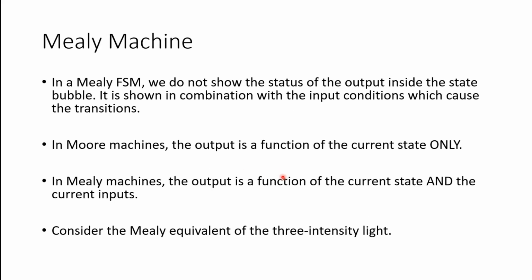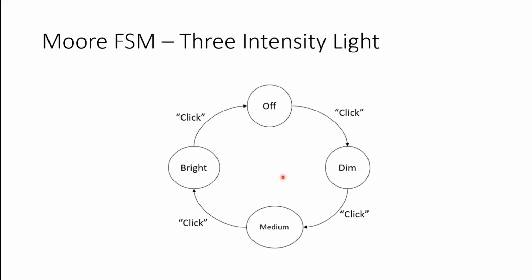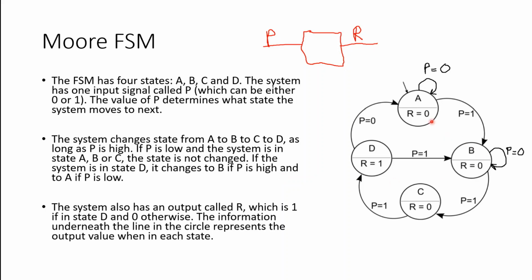Now, in a Mealy finite state machine, we do not show the status of the output inside the state bubble. It is shown in combination with the input conditions which cause the transitions. I'm just going to repeat that again. In a Mealy machine, we don't show the output inside the bubble. So kind of like how we had R equals 0 here, we won't have this in a Mealy machine.